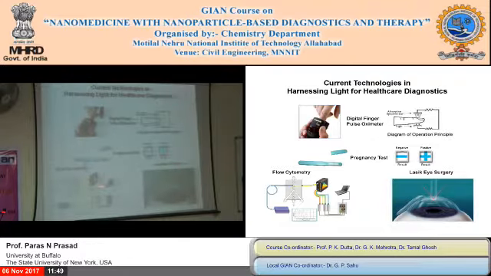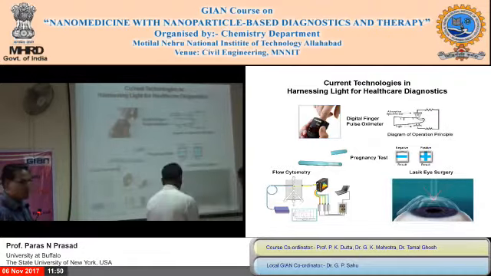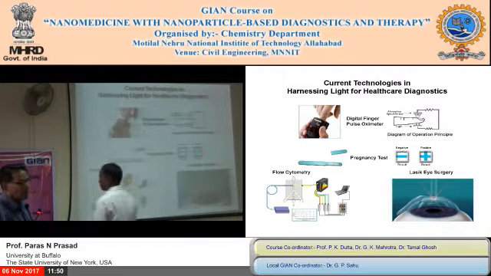The other one is flow cytometry, where you take a cell suspension and flow it through a channel and interrogate what kind of cell population you have. It's a very powerful clinical tool. So these are some of the examples of light. Then you also know laser surgery has played a very important role, particularly in the area of ophthalmics.